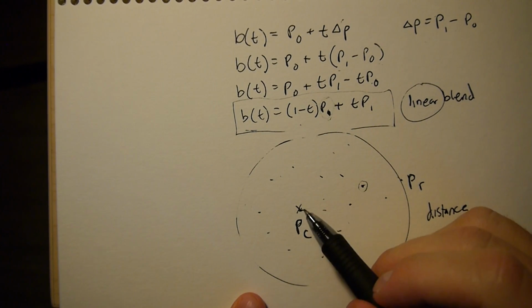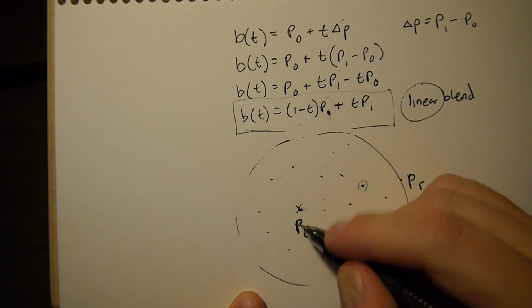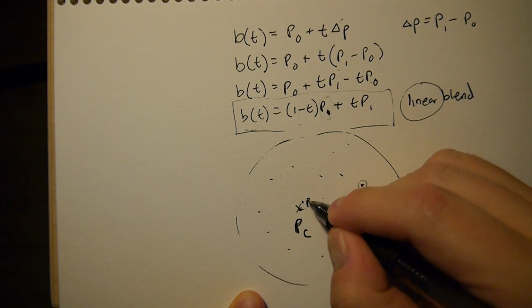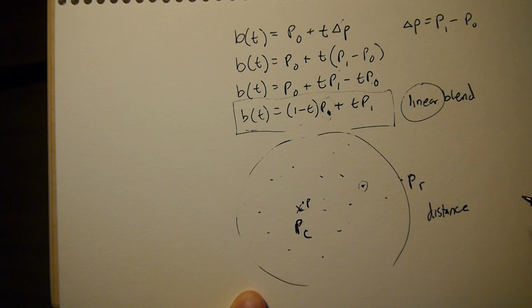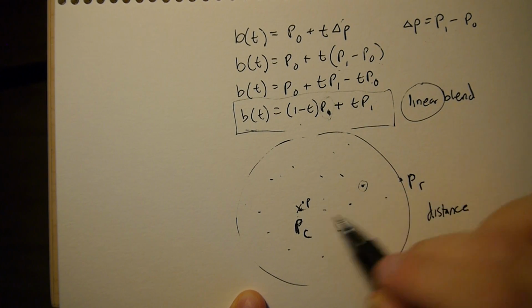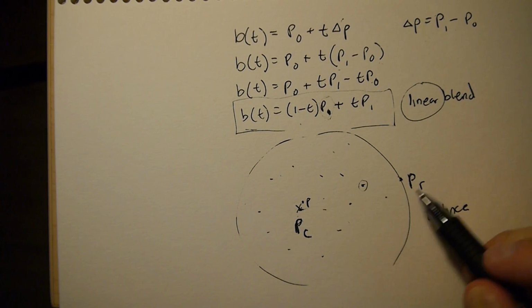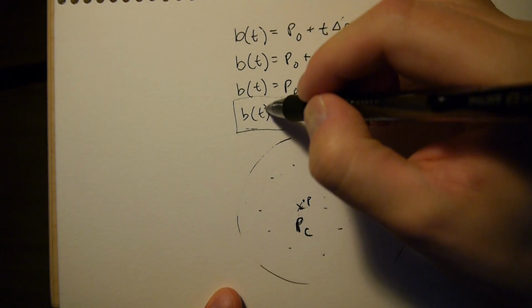So if something's right at the center, at PC, for example, say I'm taking a grass point very close to it, then its distance will be low. And if I take one out near the full radius of the grass, then its distance will be high, and I want to use that distance value basically as my t value.